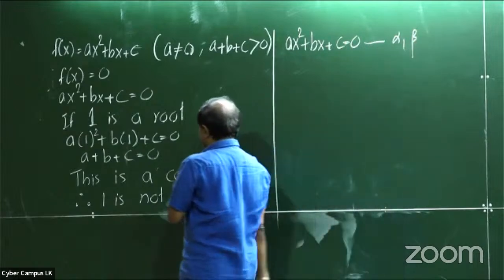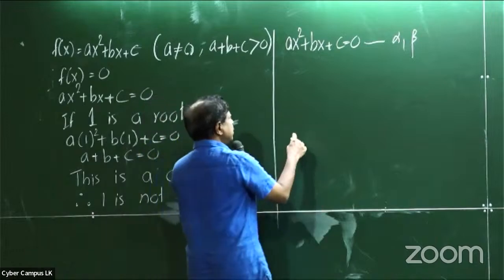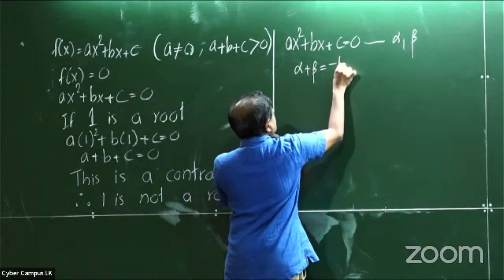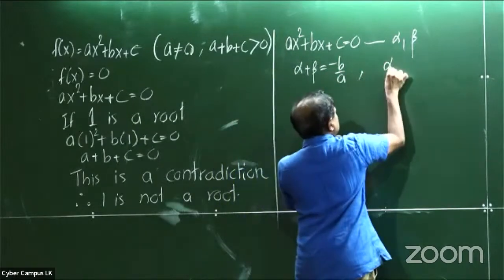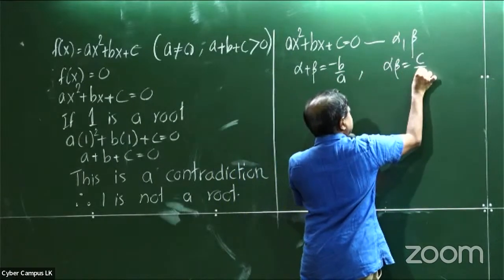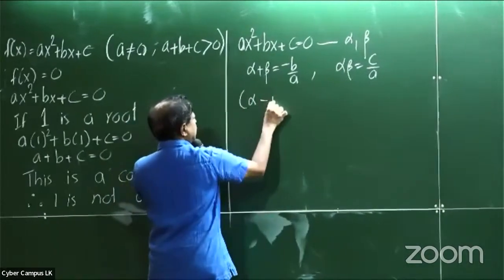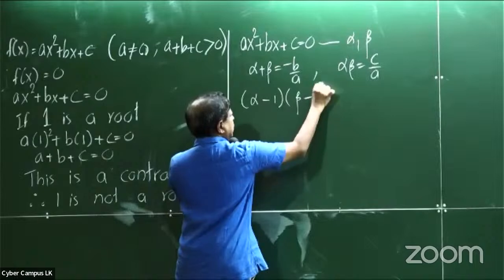Now assuming that the roots of this equation are alpha and beta, we can find alpha plus beta, which is minus b over a. Alpha beta is c over a. Now you can find alpha minus 1 times beta minus 1.